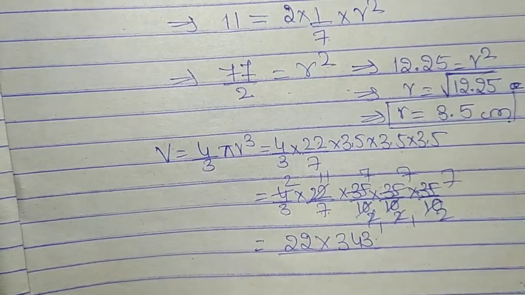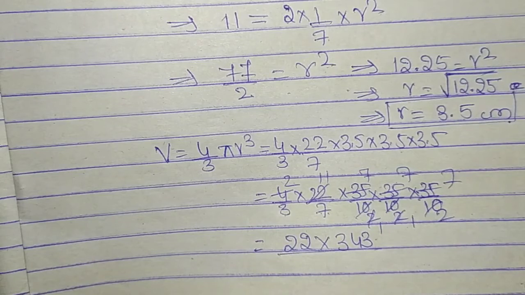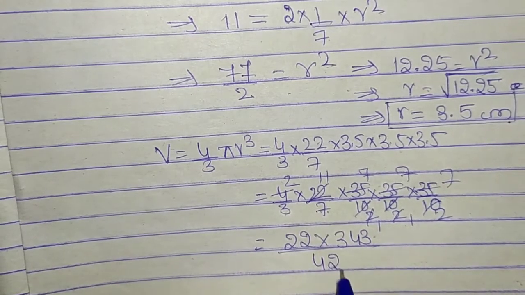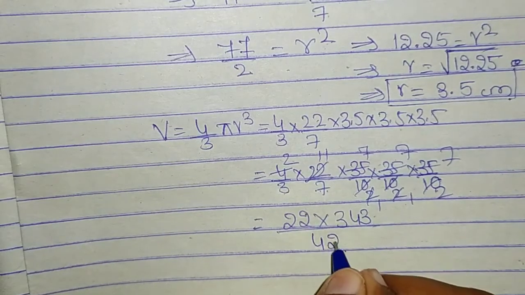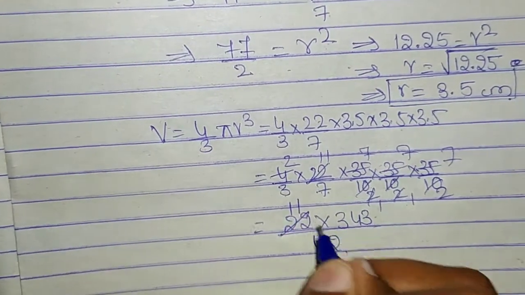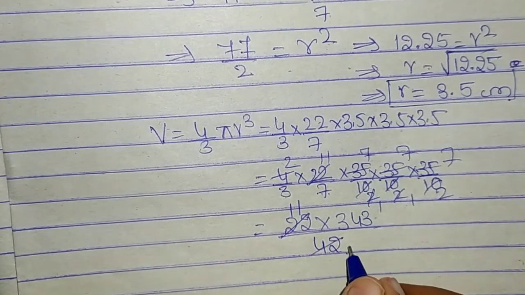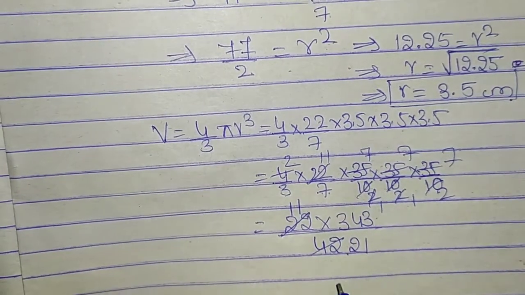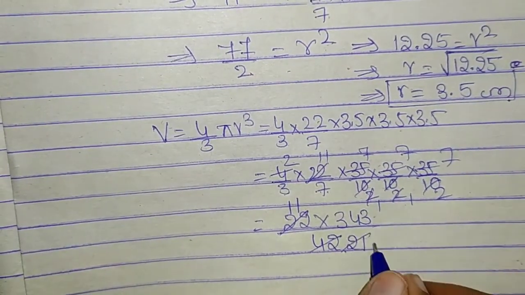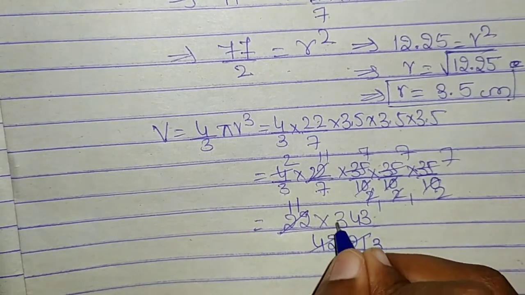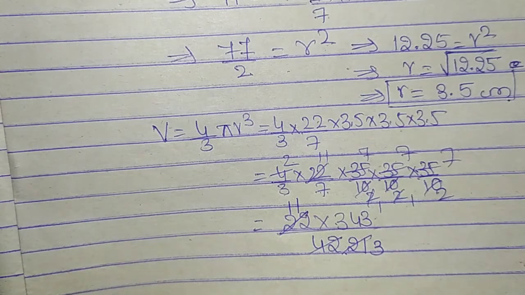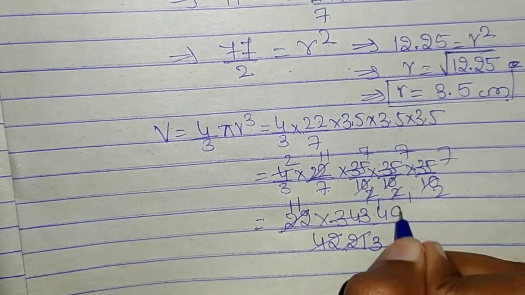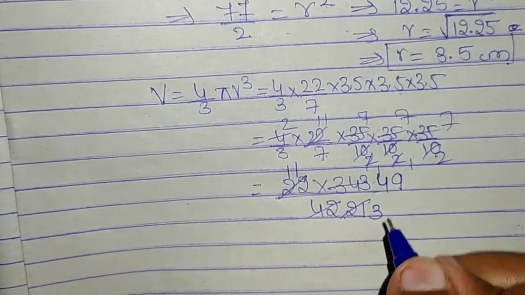21 into 2 is 42. We can once again divide them. 11s are 2, 11s are 2, 21s. So now we have 7 3s are 7, 49.